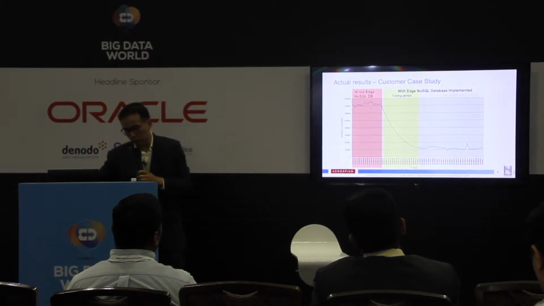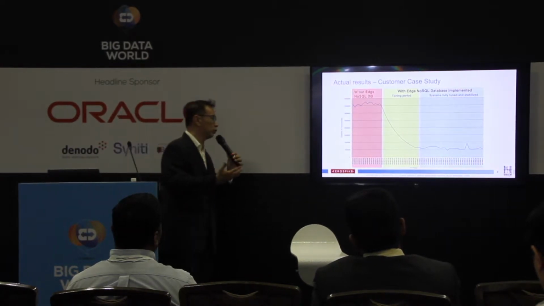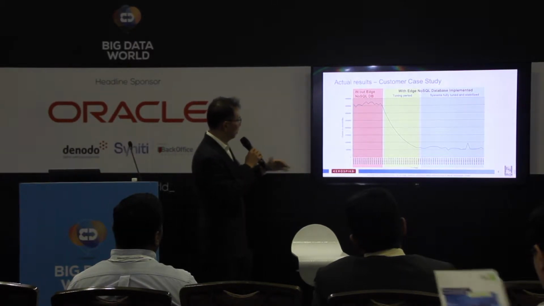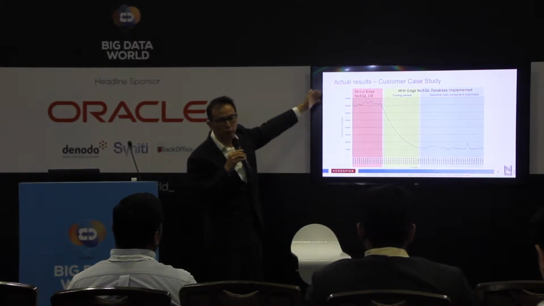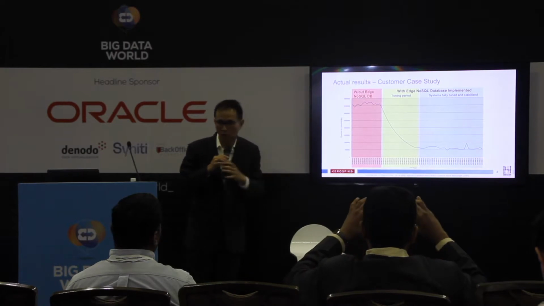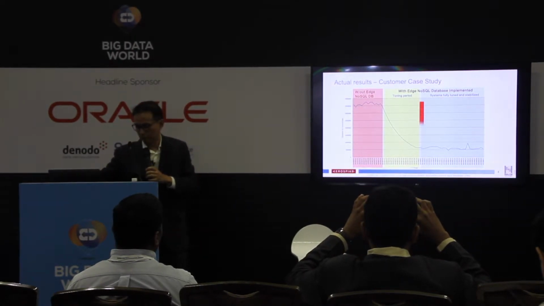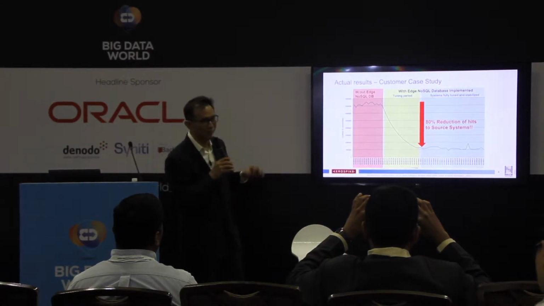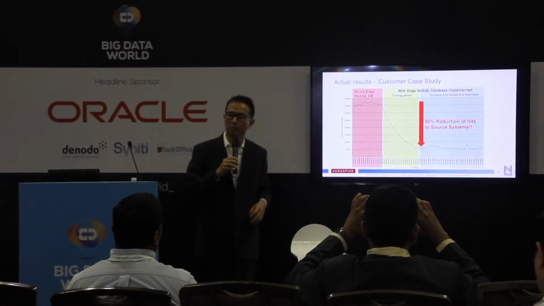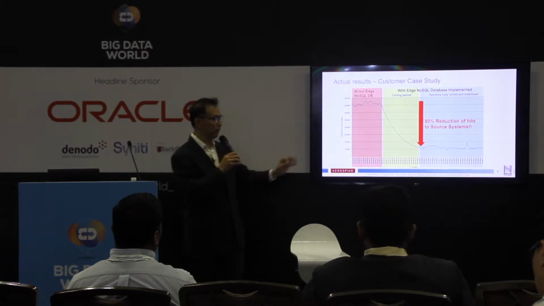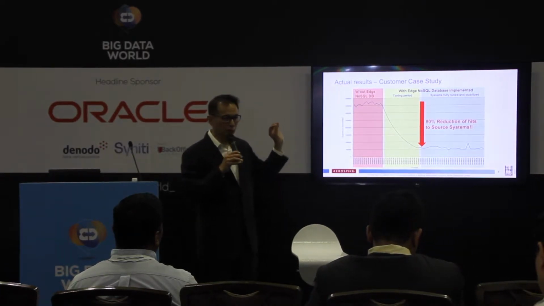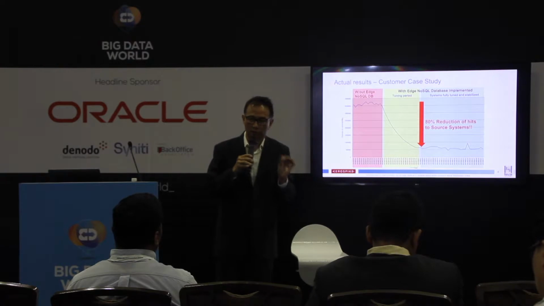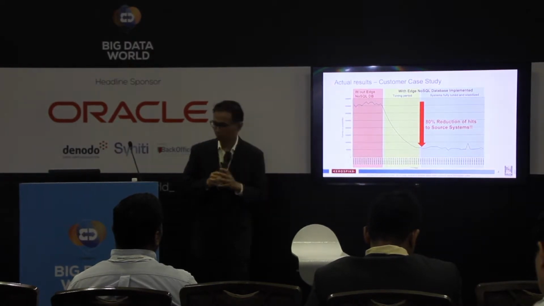And when the system is fully tuned and stabilized, the number of queries drops from 3.5 million to about 500,000. This represents an 80% reduction of the hits to the source system. So you can imagine if you translate the 80% reduction into software licenses, that's quite a fair bit of savings.